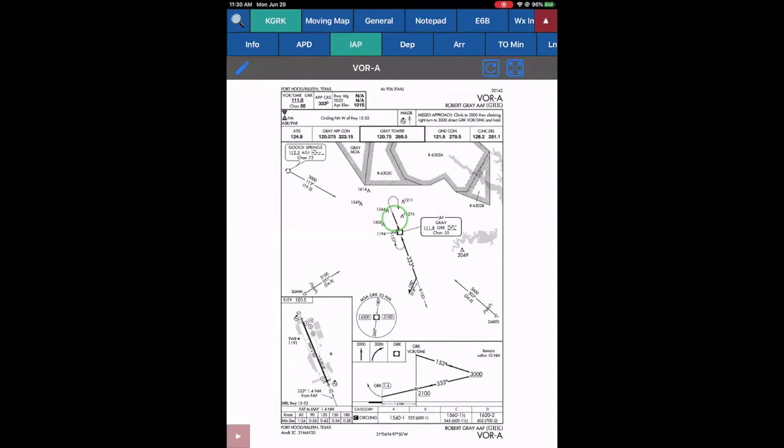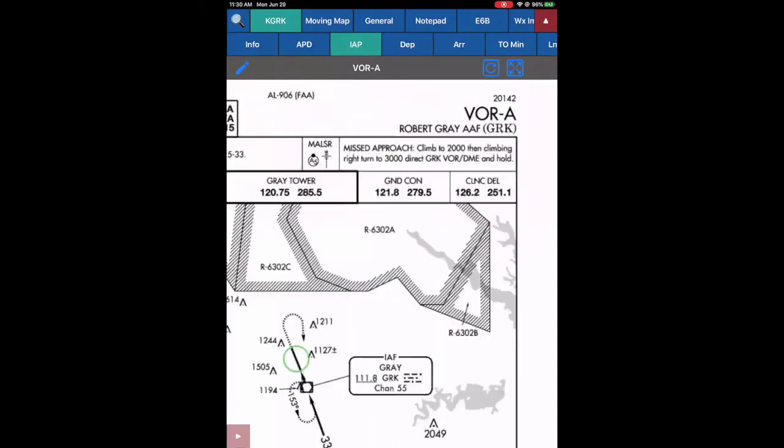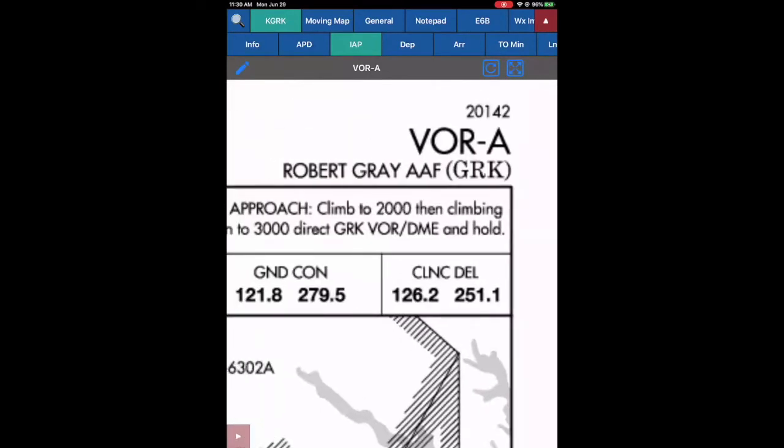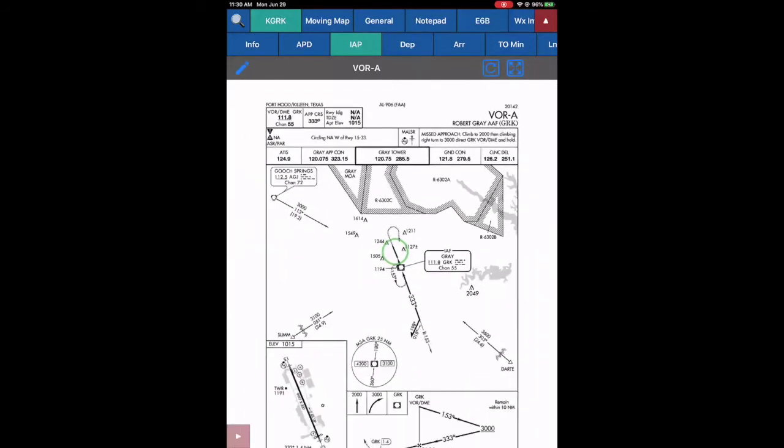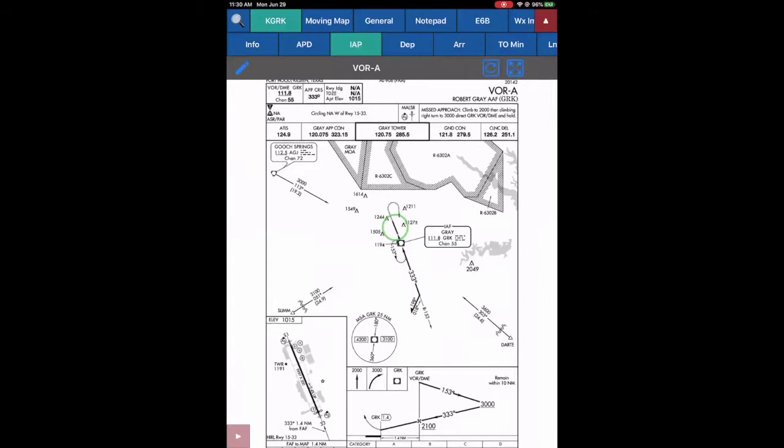Oh, for fun, what does the AAF stand for in Robert Gray's name? Now, if a student's doing really well in his ground eval, I might ask that just to break the tension a little bit. It's not that important, but what the heck, maybe you should know because it's on the plate.